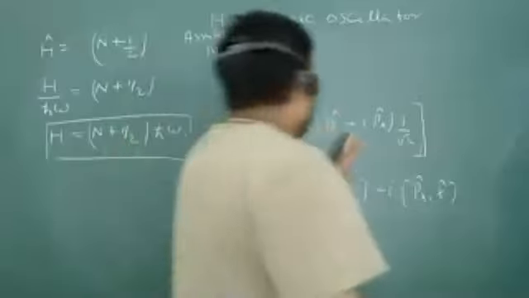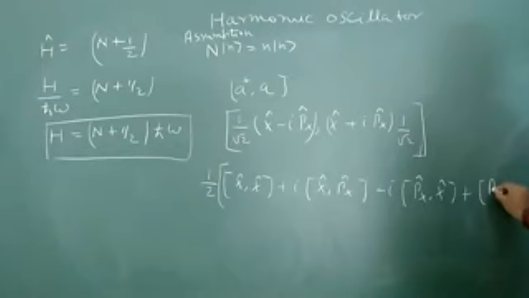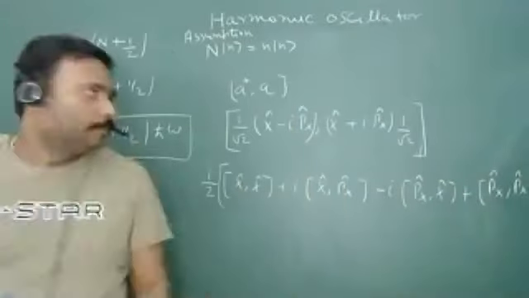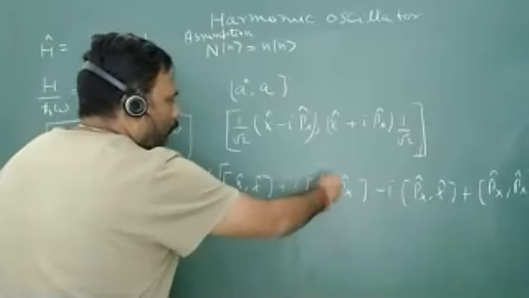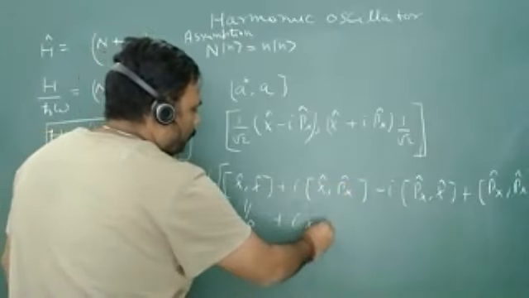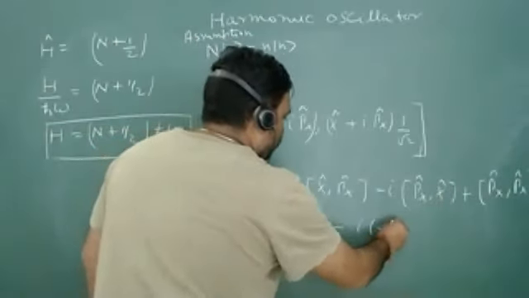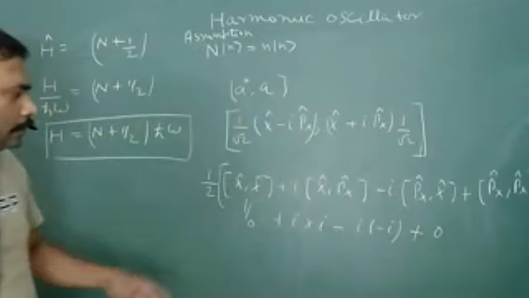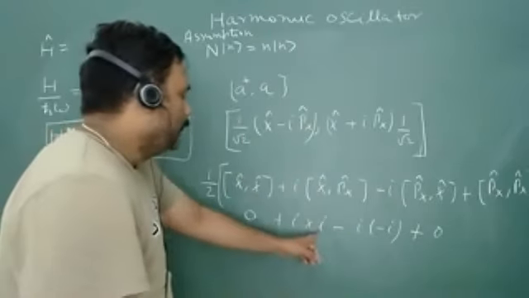And last but not least, i into i, minus, minus, minus, plus, so this will obviously be px cap, px cap commutation. What is the xx commutation? 0. So this will be 0. This will be i, what will be x cap, px cap? That is i. What is px cap, x cap? Minus i, into minus i, and that will be plus 0. So this is also 0. So you have i into i is minus 1.